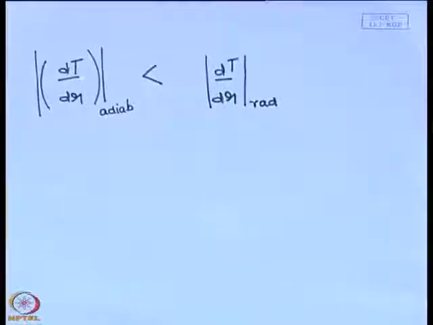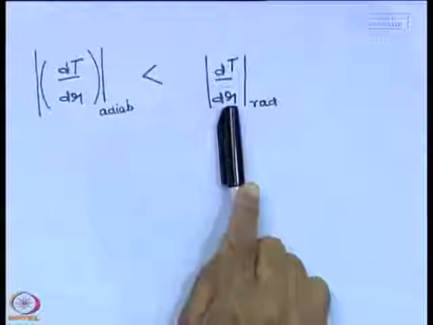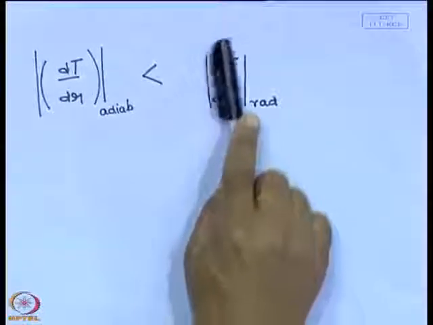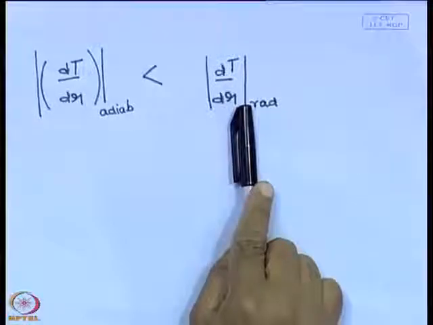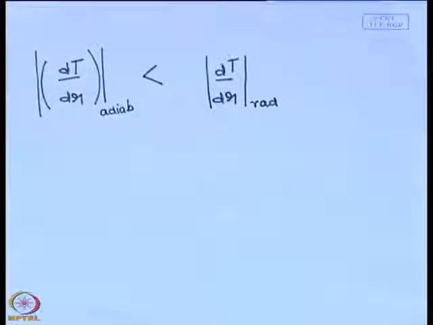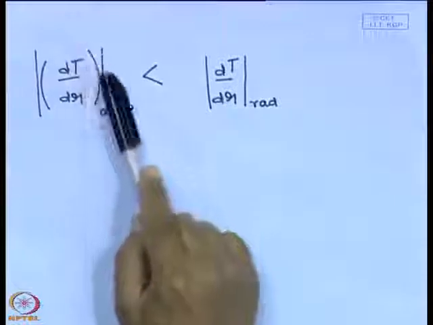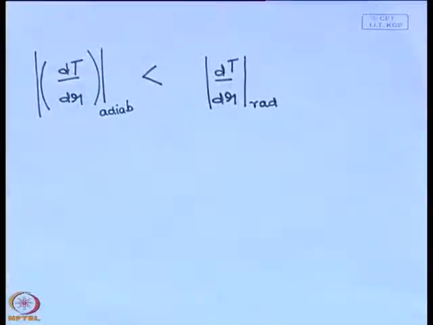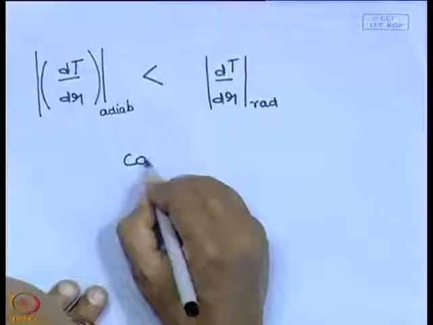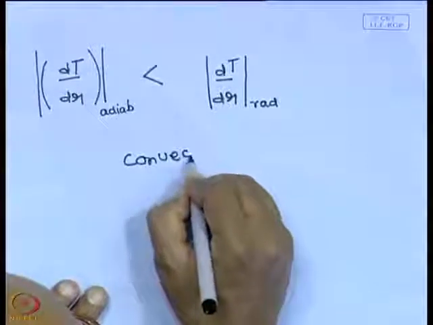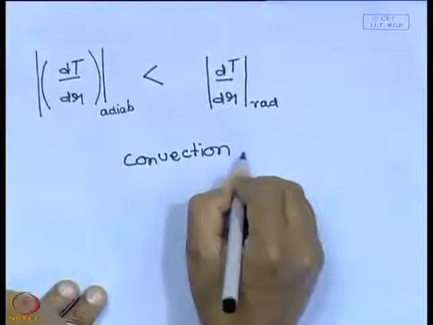The magnitude of the temperature gradient due to radiative energy transport should exceed the magnitude of the temperature gradient due to adiabatic expansion. And if this condition is satisfied, then convection will start.